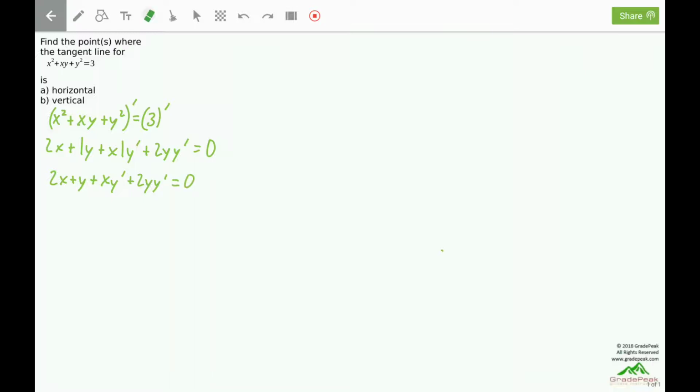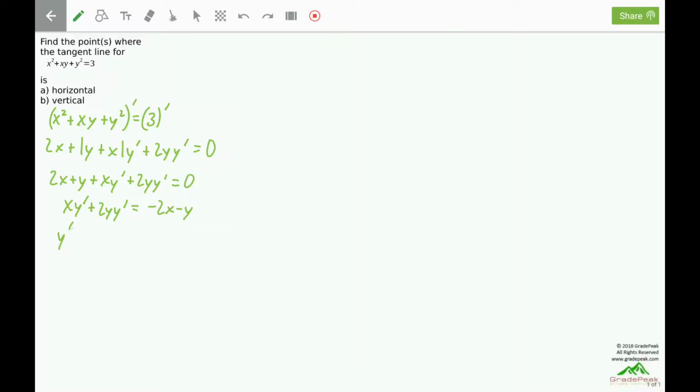We want to solve for y prime here, so this will be done by isolating the y prime terms. We have two of them. We have this one, we have this one. The other two terms need to be taken to the other side, so we'll subtract them over. xy prime plus 2y prime equals negative 2x minus y.